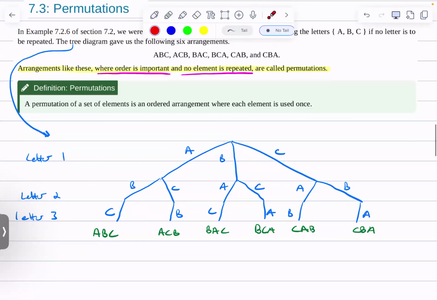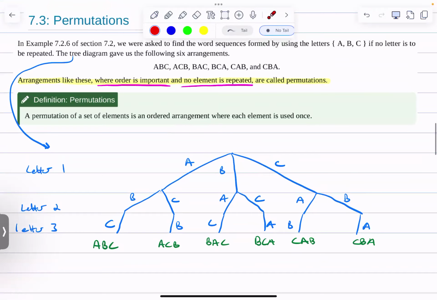Order is important because ABC is different from ACB, whereas if order wasn't important, they would all be the same. So a permutation, as a definition of a set of elements, is an ordered arrangement where each element is used once.